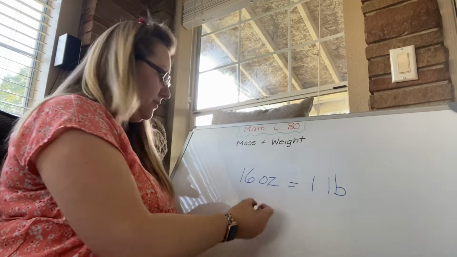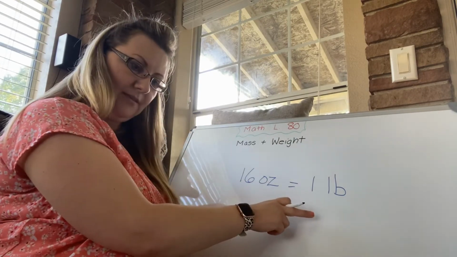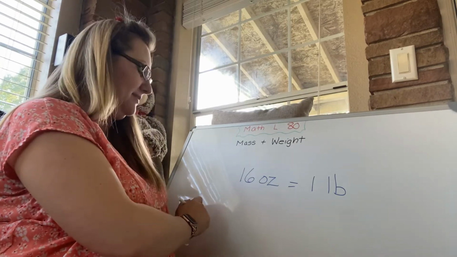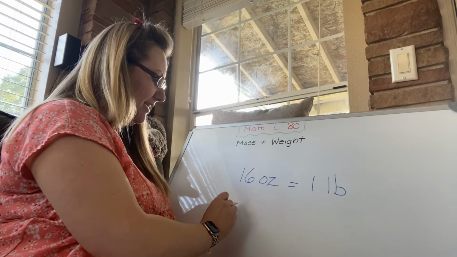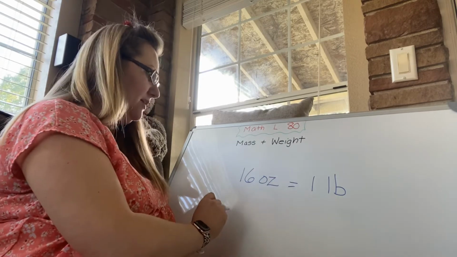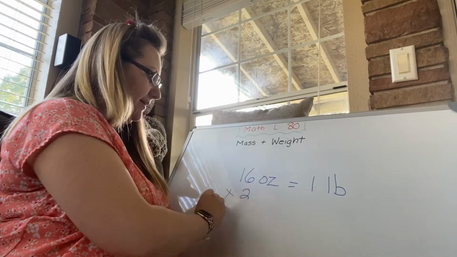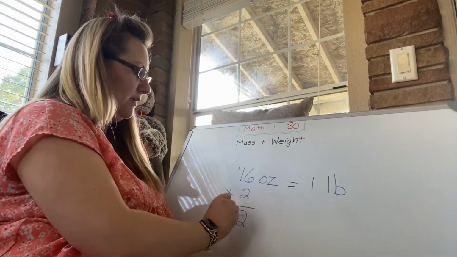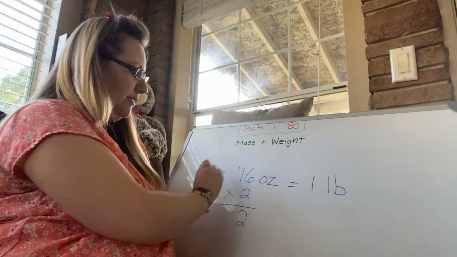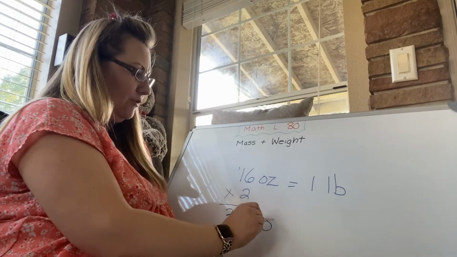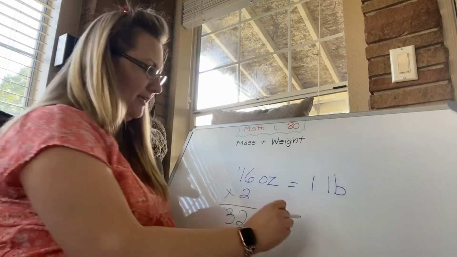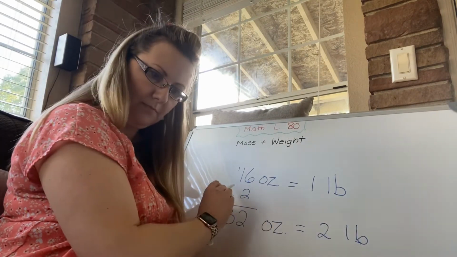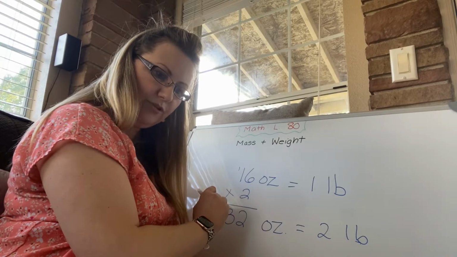The question is, 2 pounds is how many ounces? So if there are 16 ounces in 1 pound, then for 2 pounds, we would just double it, and we would get 6 times 2 is 12. 2 times 1 is 2, plus 1 is 3. So 32 ounces equals 2 pounds. 32 ounces equals 2 pounds.